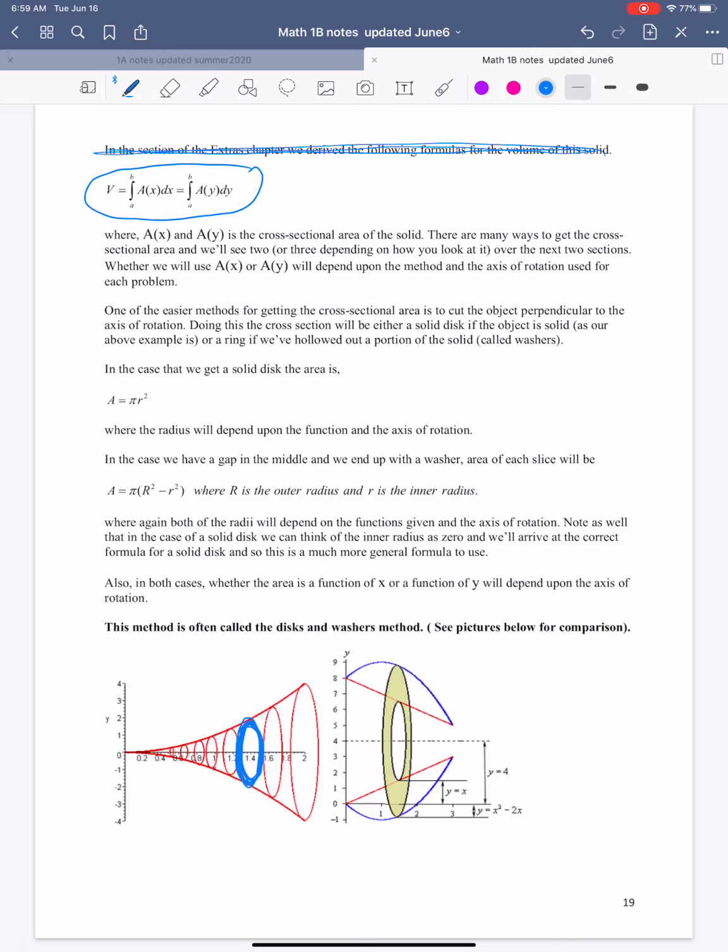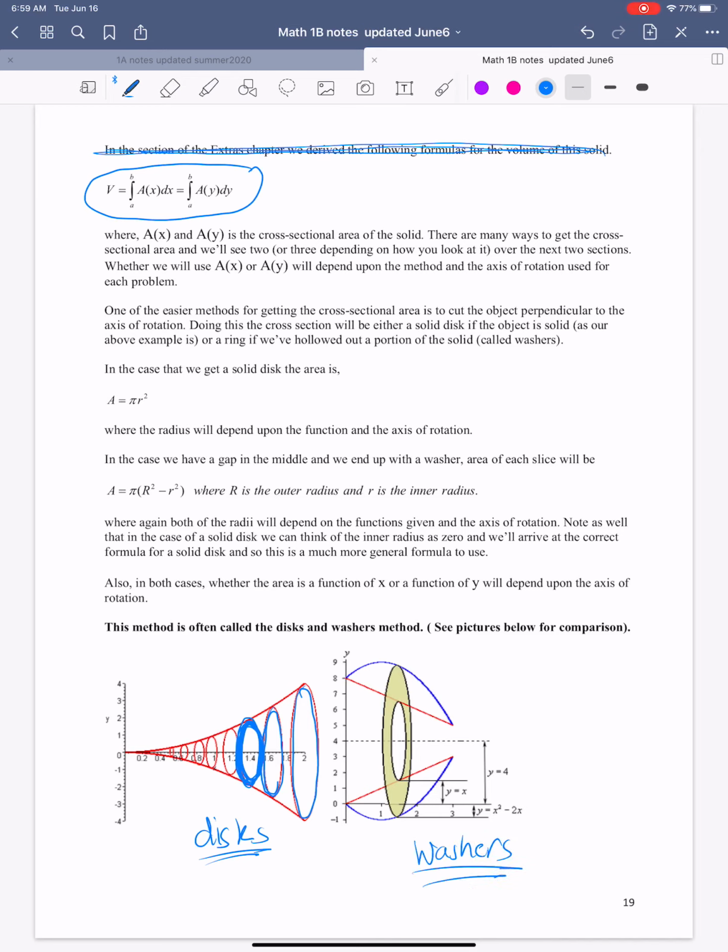You can see the comparison between disks and washers. This picture has disks. There are no holes in the middle. It's all closed circles. They look like ovals, but if you imagine a 3D shape, these will be actual circles. And in the other picture, because you're going to have a hole in the middle, you are dealing with washers.